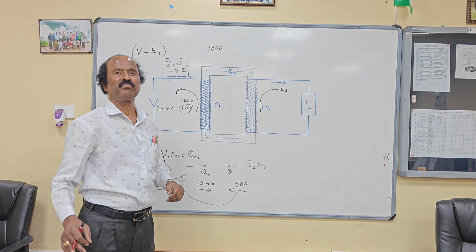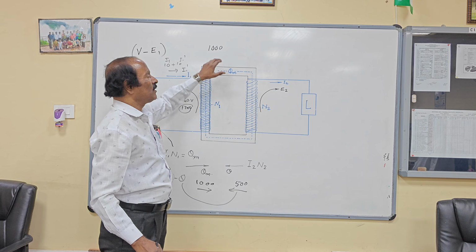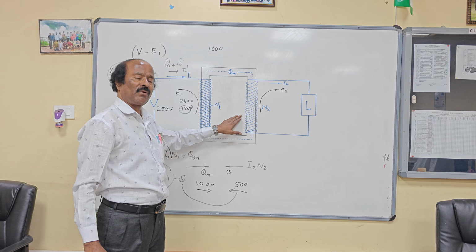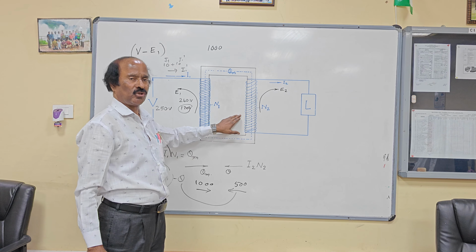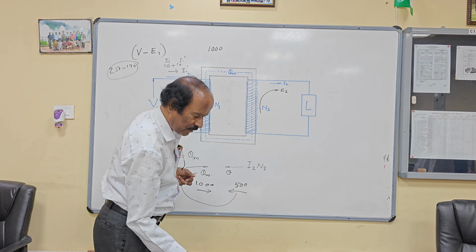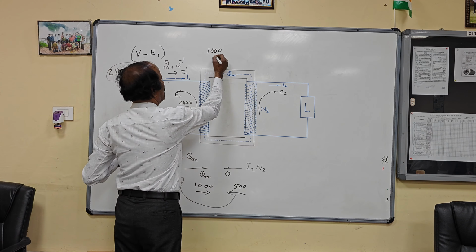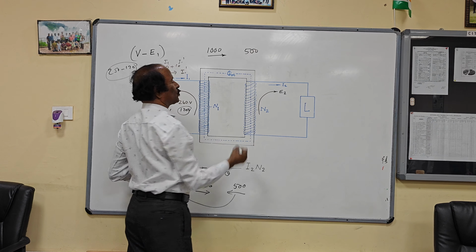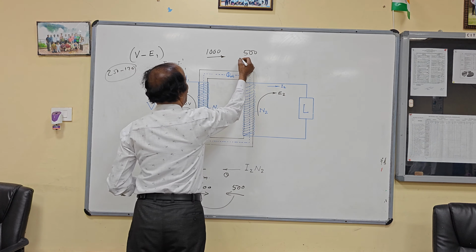Let us assume the quantity of flux produced, that is mutual flux, is 1000 lines, and the flux produced from the secondary winding when the secondary gets loaded, let us assume 500 lines. So this 1000 lines in this direction, the 500 lines so produced in the secondary winding when it gets loaded will be in the opposite direction.